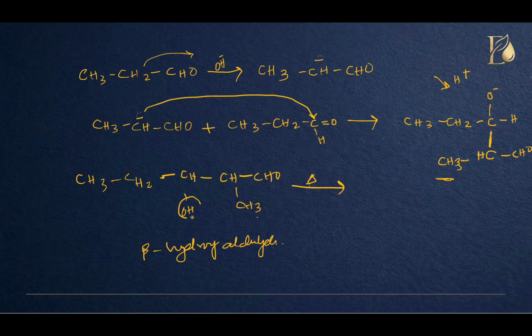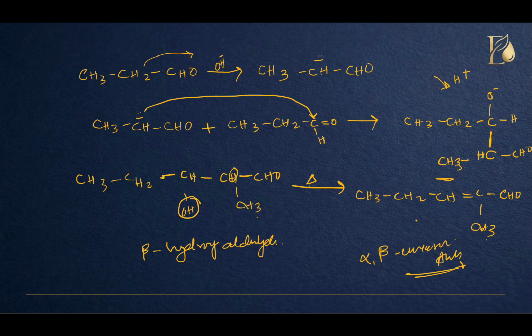This hydroxyl group and this hydrogen atom will be removed. So it will produce CH3CH2CH=C(CHO)CH3, right? So this is an alpha beta unsaturated aldehyde. This is the product of this reaction.